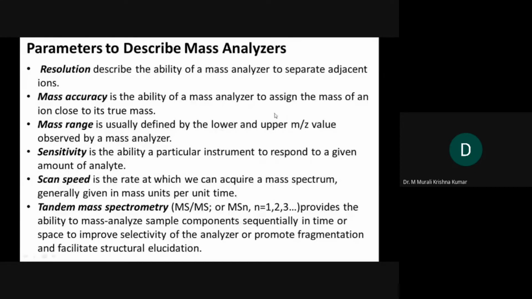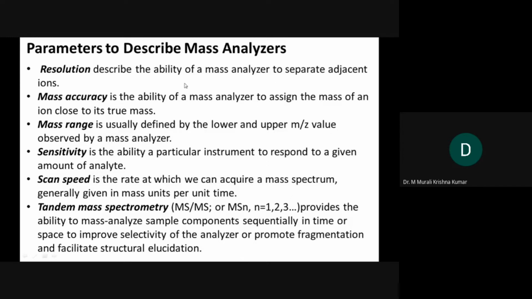Two analyzers can be connected to each other. In the middle, you will have a facility where energy is provided to a selected ion. If that possibility is there, the utilization of the mass analyzer can be further enhanced.